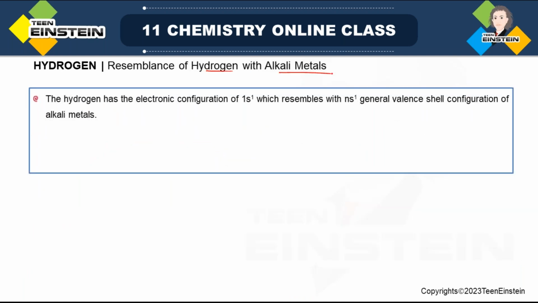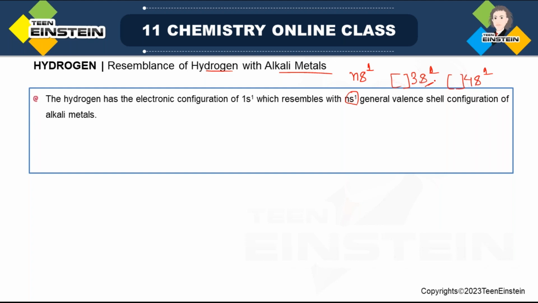Resemblance of hydrogen with alkali metals. When we consider alkali metals, the general electronic configuration is ns1. For example, sodium has the outermost electronic configuration 3s1, and potassium has 4s1, and before that there is a noble gas configuration. I am simply writing the outermost electronic configuration.